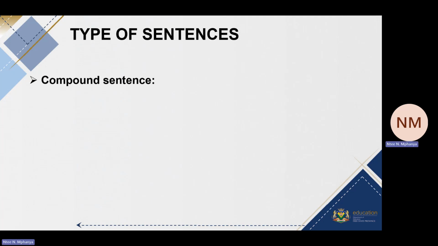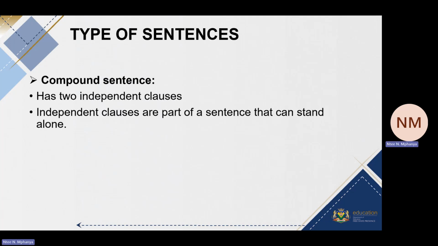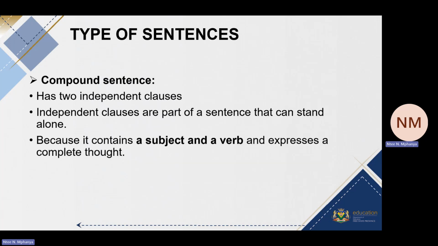Now, let's go to compound sentences. A compound sentence has two independent clauses. Independent clauses are parts of a sentence that can stand alone. I'm going to explain it to you, because it contains a subject and a verb and expresses a complete thought.